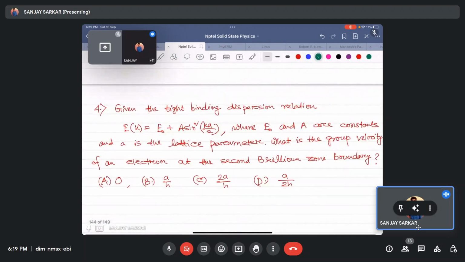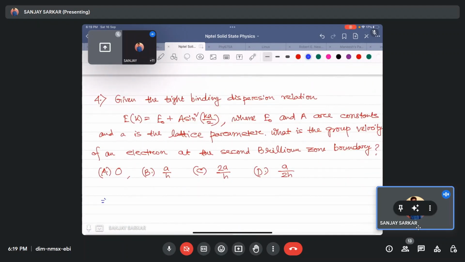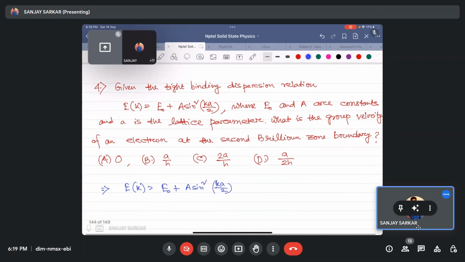As I have already mentioned how to calculate the group velocity, Ek is E0 plus A sine square ka by 2. Then dE dk is A into 2 into sine ka by 2 cos ka by 2, into a by 2.